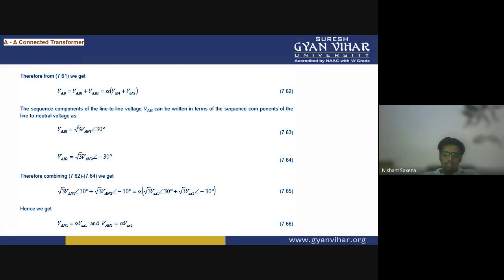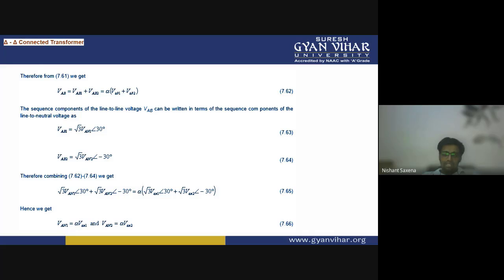When we move from phase-neutral to phase-phase, that gives a phase shift of 30 degrees. Similarly, for the negative sequence component, VAB2 will be equal to root 3 VAN2 at an angle of minus 30 degrees. Now, if you combine 7.62 and 7.64, VAB1 plus VAB2 gives alpha times root 3 VAN1 angle 30 degrees plus root 3 VAN2 angle minus 30 degrees.